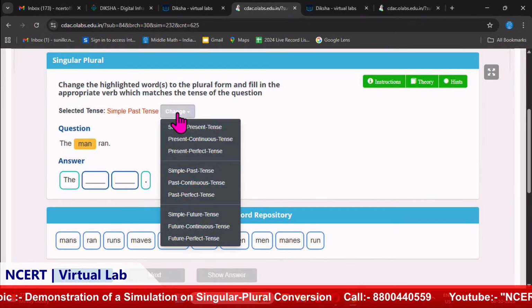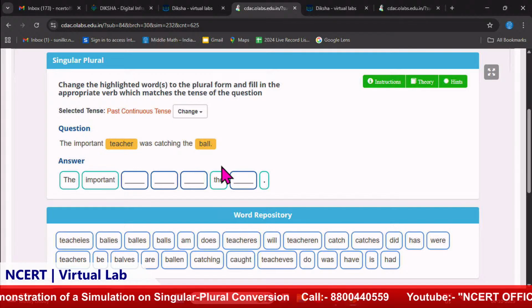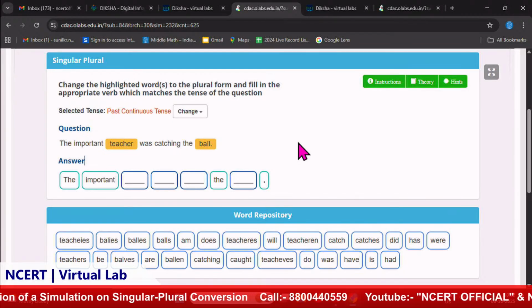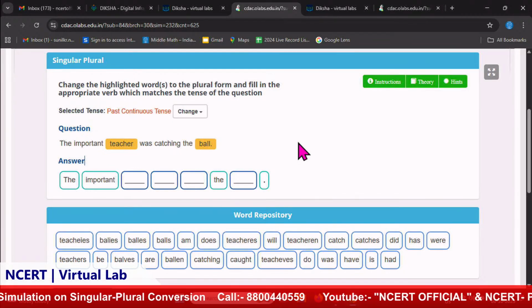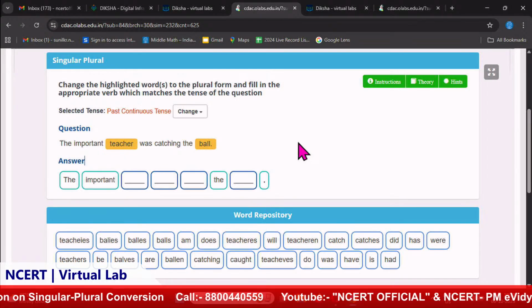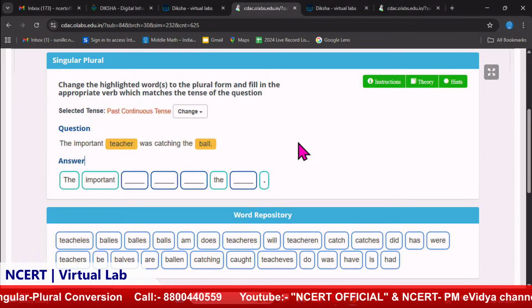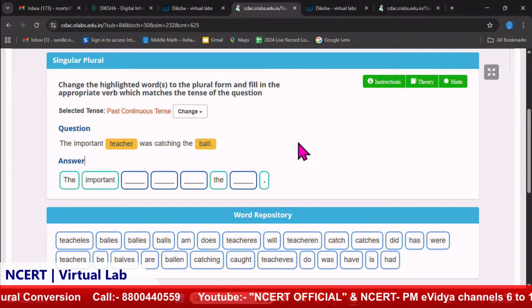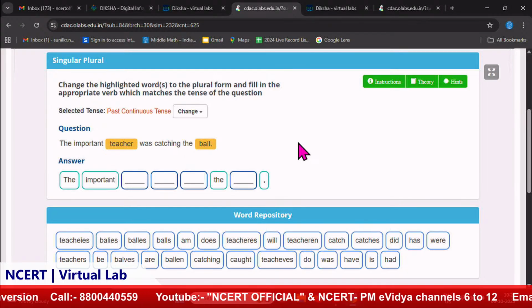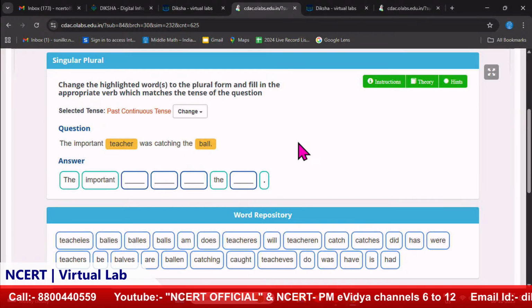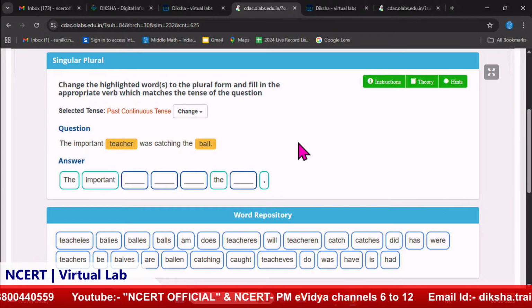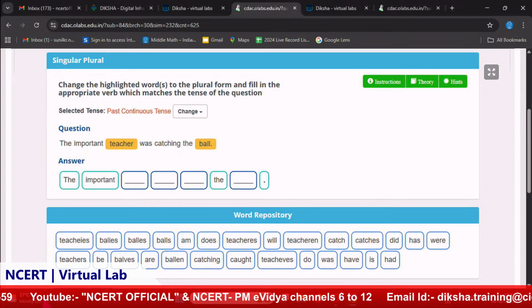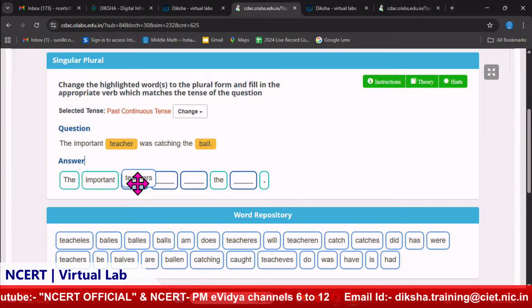Let us do some other tense, like a difficult tense, past continuous tense. The important teacher was catching the ball. Now, we have to convert it to plural in past continuous tense. The important teachers were catching the balls.